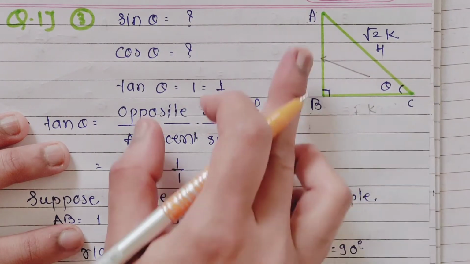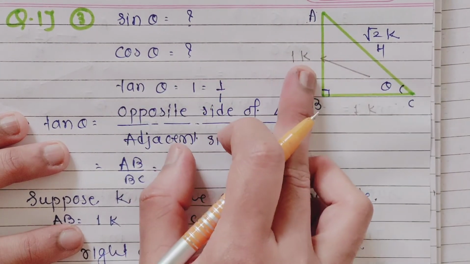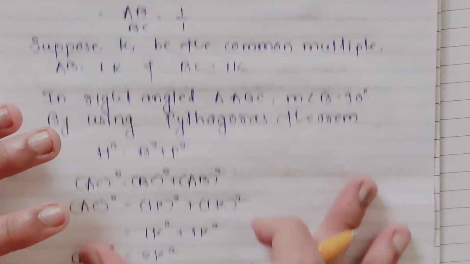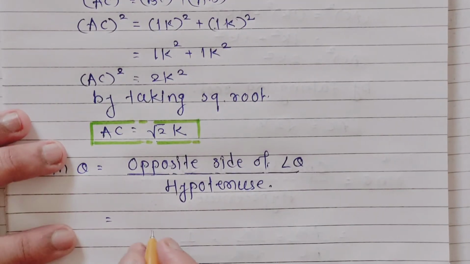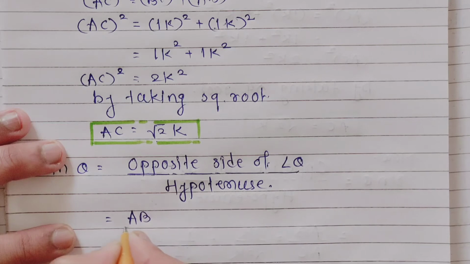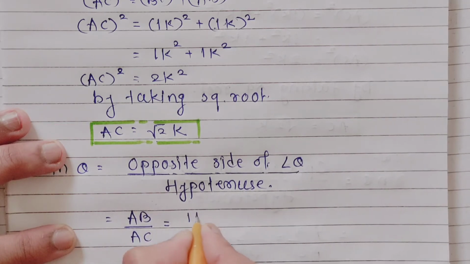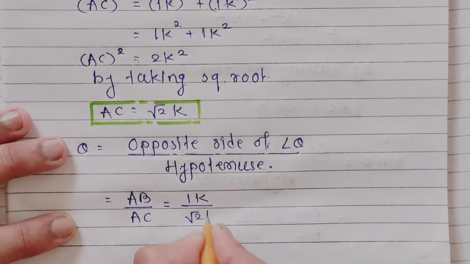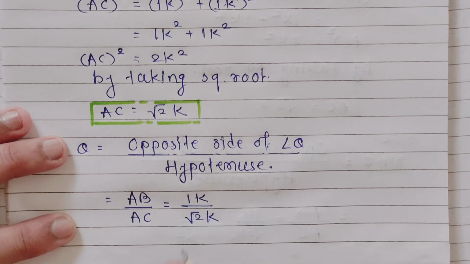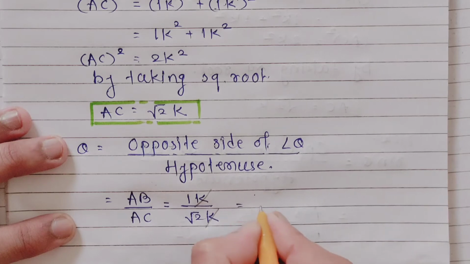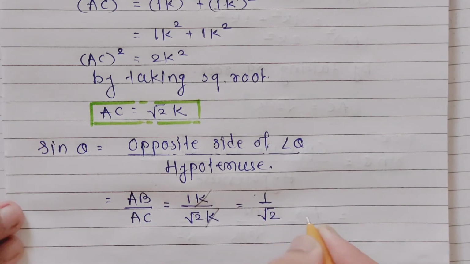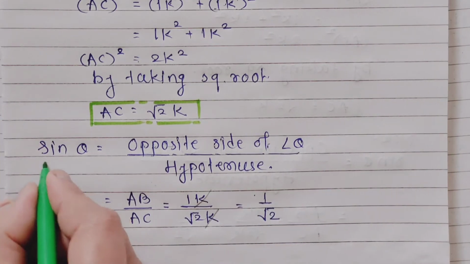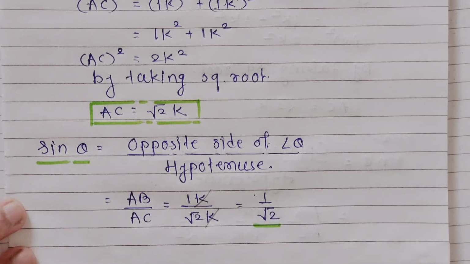So the ratio is AB upon AC is equal to 1K upon root 2K. Length of AB is 1K and length of AC is root 2K. So K cancels K, remaining 1 upon root 2. It is nothing but sin theta. Sin theta is equal to 1 upon root 2.